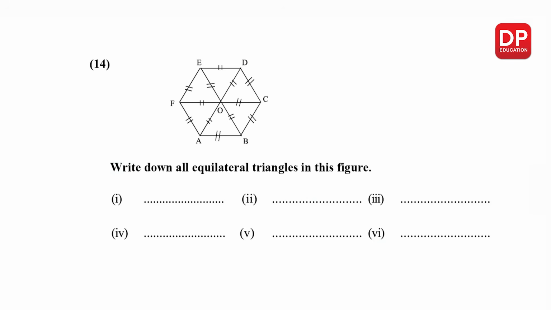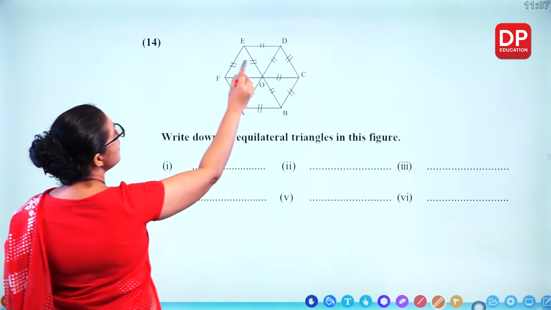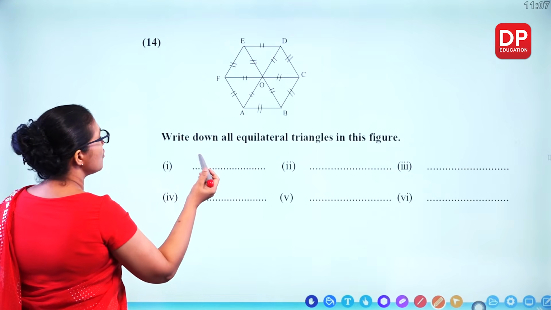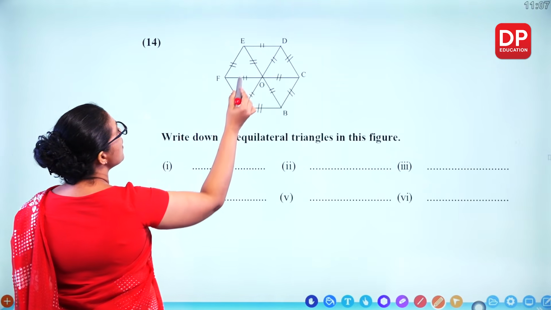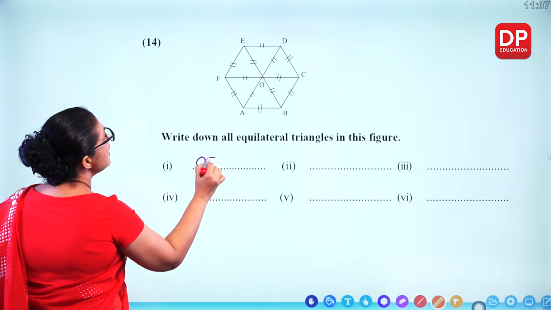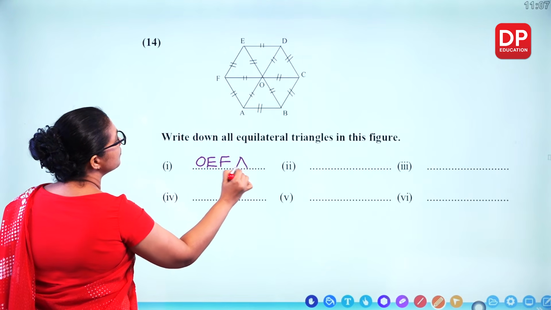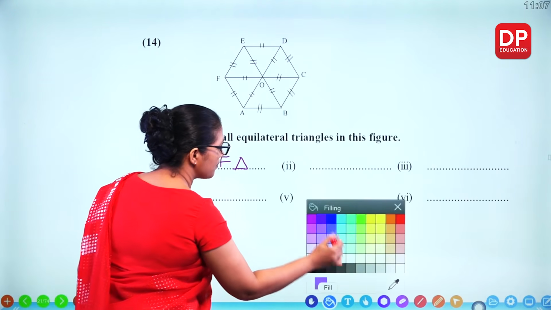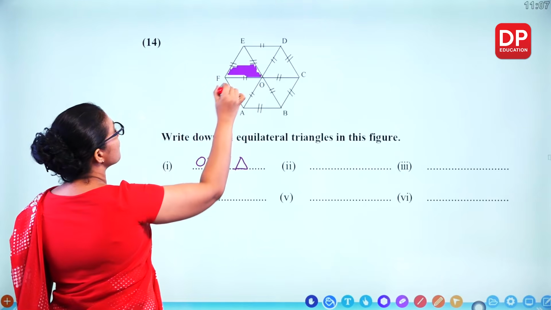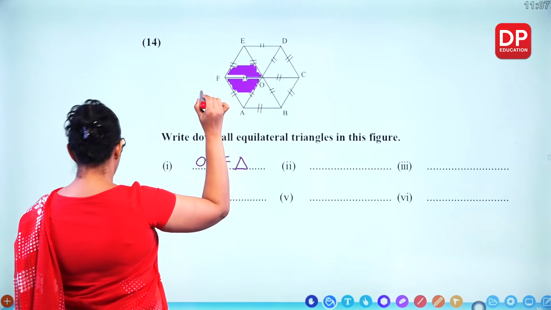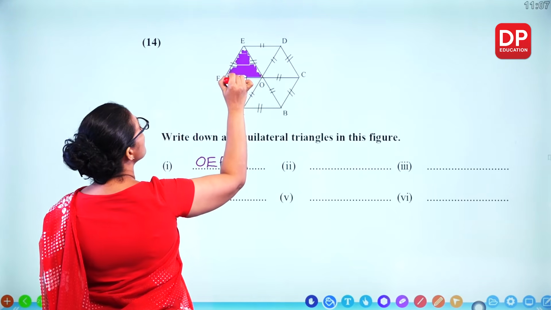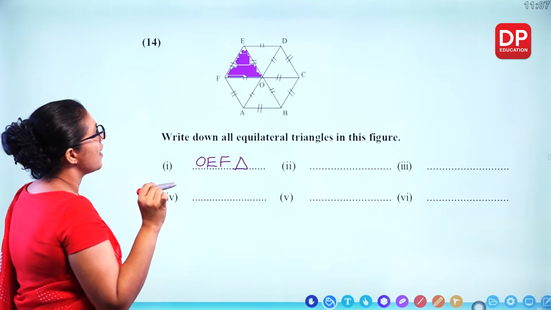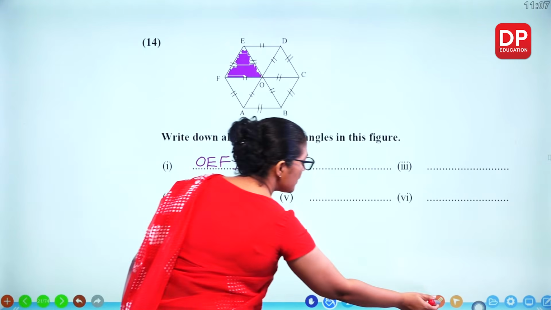Write down all equilateral triangles in this figure. Look, all lengths are equal, given. So you can write, we'll take this one, OEF triangle. That's one. Identify the other one.